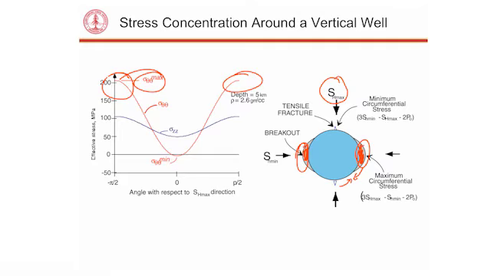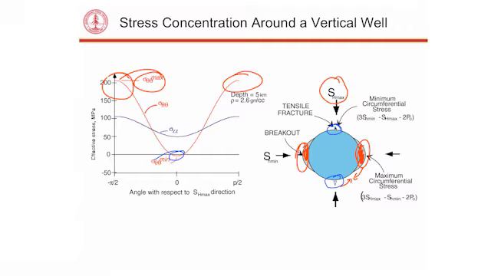Under some conditions, this hoop stress can actually become negative, and the rock can actually fail in tension. These are called drilling-induced tensile fractures, and this can also occur during normal drilling operations. Now, because the stress concentration is related to the orientation of stresses, if we know the orientation of the breakouts or we know the orientation of the drilling-induced tensile fractures, we know the orientation of the stress state.